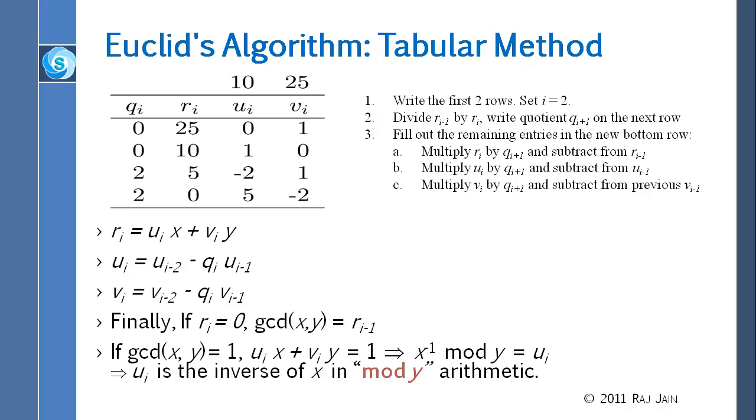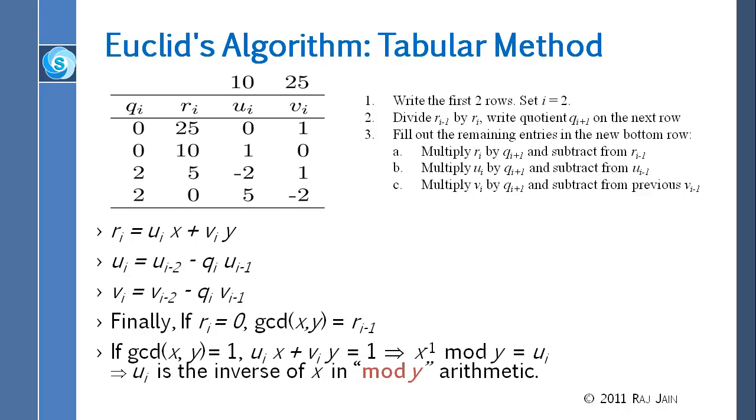25. The second row, we write down the similar thing, 0 and 10, the second lower number, and then we write down 0, 1 here rather than 1, 0 here. So now this thing that we talked about is true, because you take 25, multiply by 0, 10 multiplied by 1, you add them together, you get 10. Right?